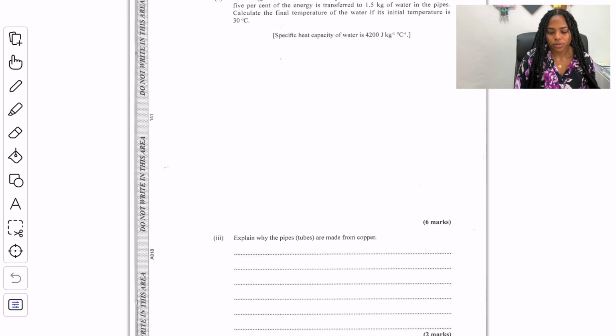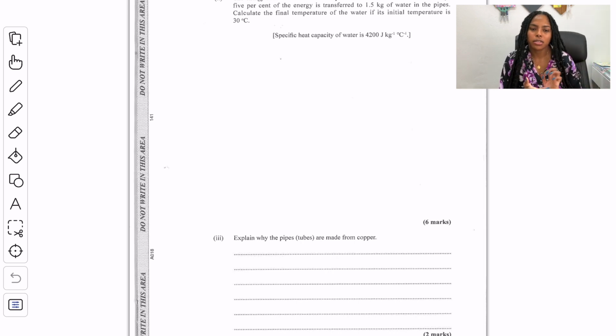Now we have the energy absorbed from the sun by a solar water heater is 360 kilojoules. 35% of the energy is transferred to 1.5 kilograms of water in the pipes. Calculate the final temperature of the water if its initial temperature is 30 degrees Celsius.